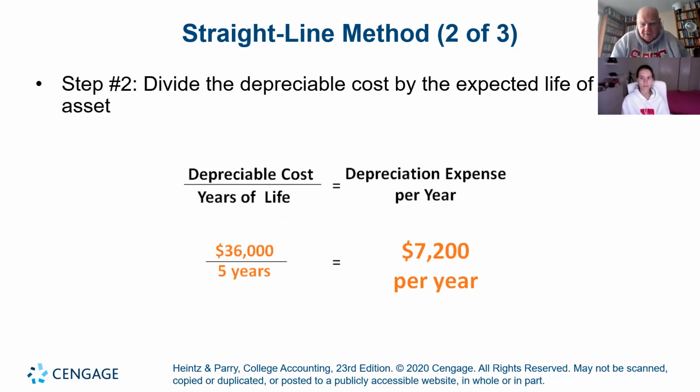The depreciable cost is not the 40,000 we paid, but the 36,000 after we remove the residual value, the scrap value. So our depreciation expense every month is going to be a debit to depreciation expense for 600, credit accumulated depreciation. Feel pretty comfortable with the straight line? It's the easy one.